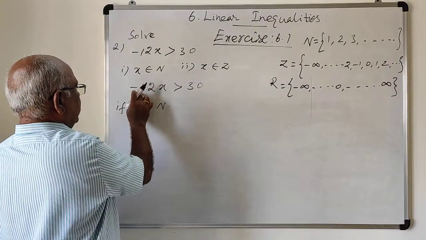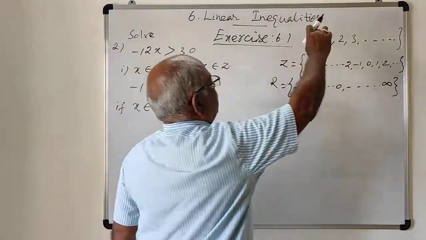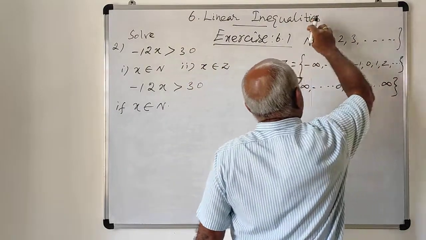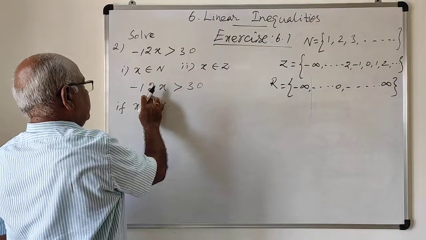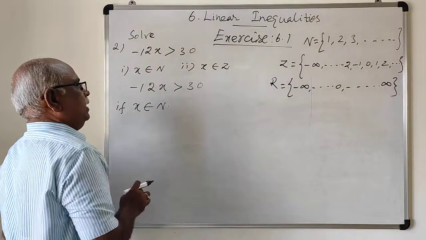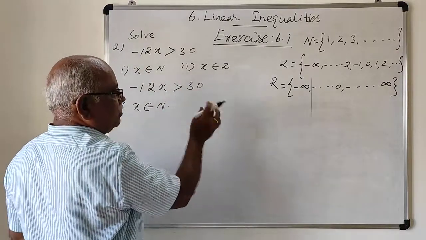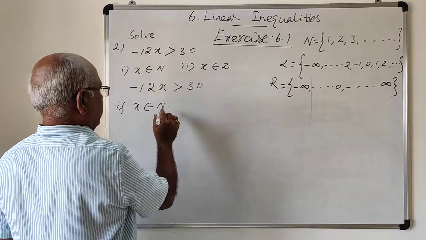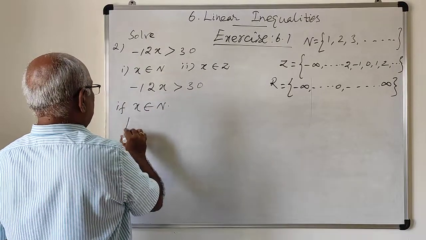They are all certainly less than 30. The inequality is not satisfied. Therefore, for x belongs to N, there is no solution.